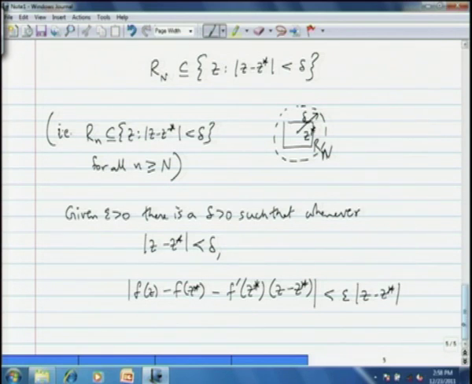Okay, that is because this function f is analytic at z star. Okay, we use the definition of analyticity or differentiability at z star.